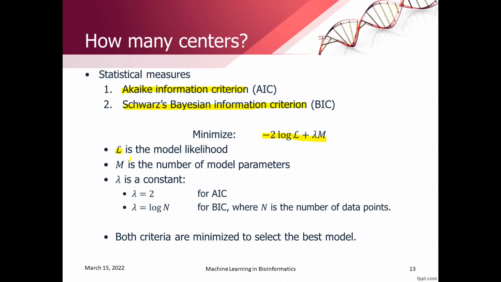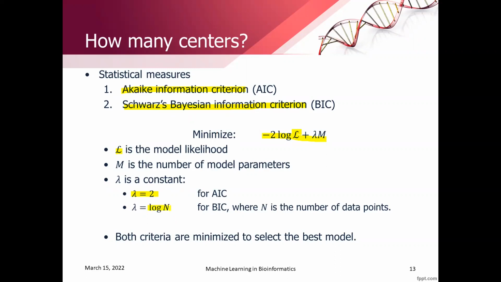But these are artificial assumptions. Maybe they are not correct for our data. I will return to that. So we need the likelihood of the observations, and lambda and M. Lambda is a constant, and this is actually the only difference between these two information criteria. For the Akaike, we use lambda equal to 2, and for the Schwarz-Bayesian information criterion, we use logarithm of N, where capital N is the number of observations.